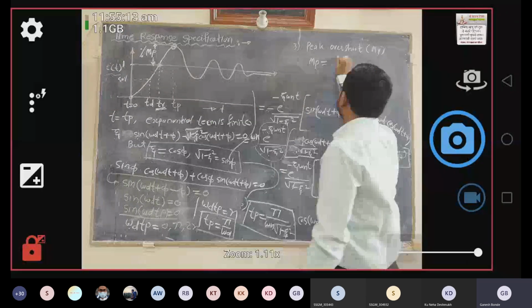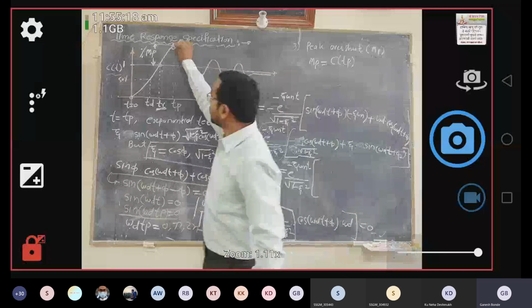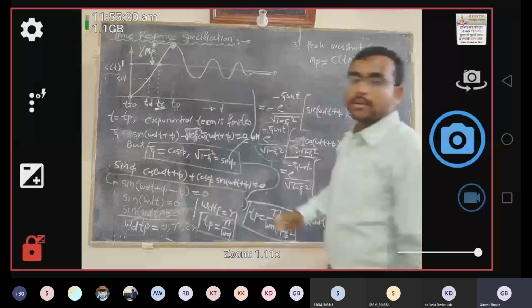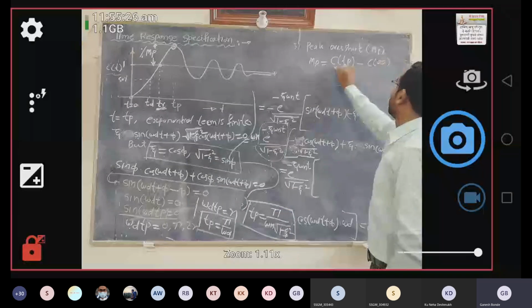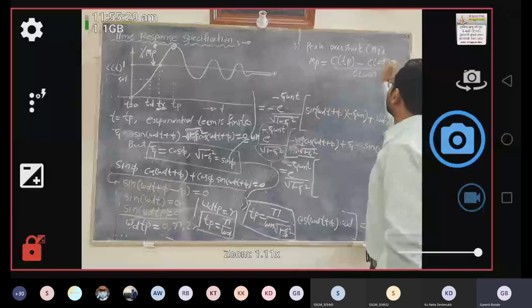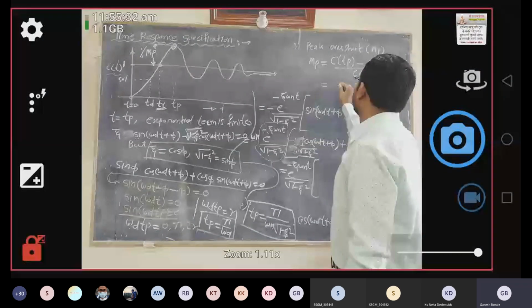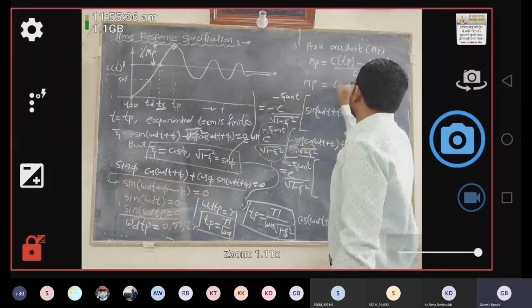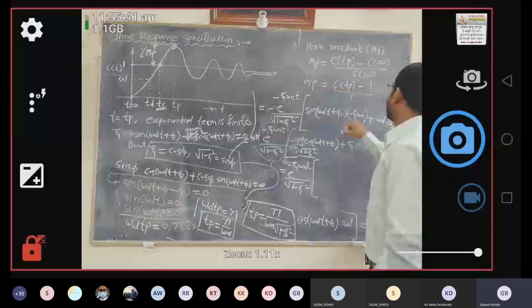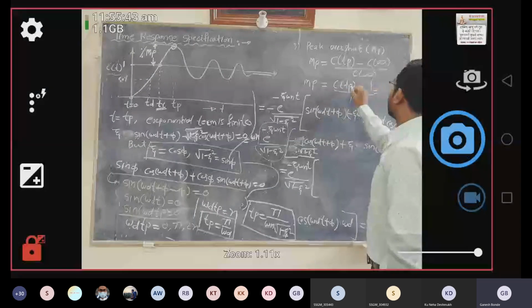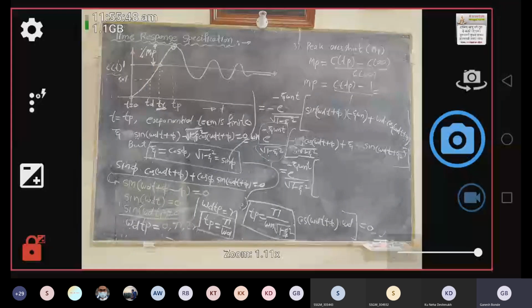So C of Tp is the first point, and the second point is your steady state response, given by C of infinity upon C of infinity, so its value is always 1. Therefore MP is equal to C of Tp minus 1 upon 1, so it is C of Tp minus 1. That is given by MP.